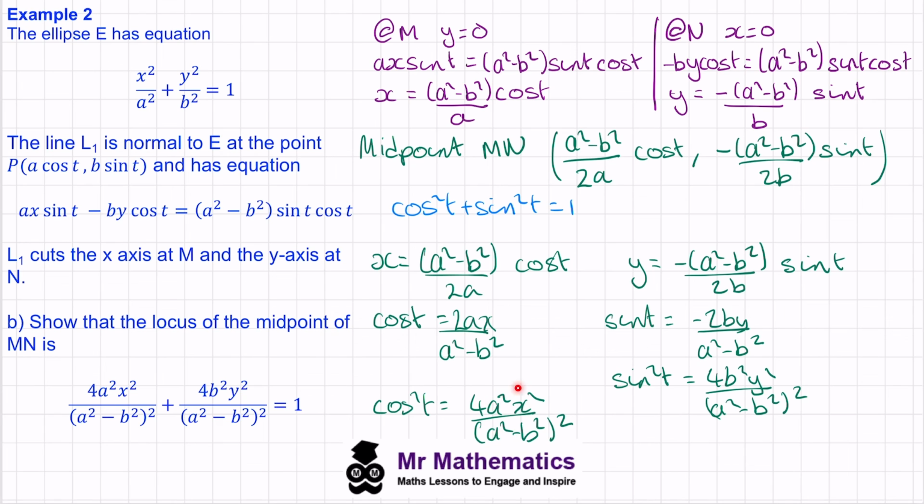And then we can substitute this cos squared into here and this sin squared into here. So finally, we get 4a squared x squared over a squared minus b squared all squared, plus 4b squared y squared over a squared minus b squared all squared, and that will equal 1. So this will be the equation of the locus of the midpoint of MN.